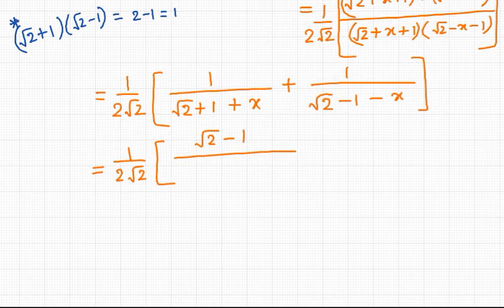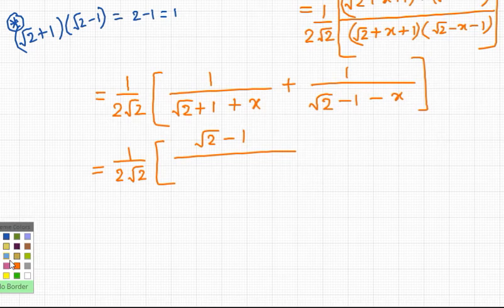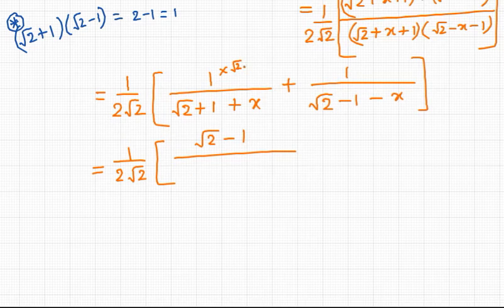So this particular point will be highlighted here: root 2 plus 1 into root 2 minus 1 equal to 1. So if we multiply the numerator by root 2 minus 1, the denominator will also be multiplied with root 2 minus 1. So let's multiply the numerator and denominator by root 2 minus 1 in the first case.